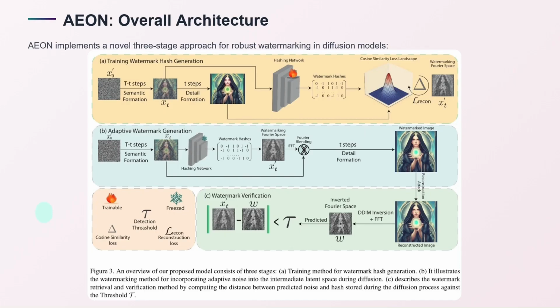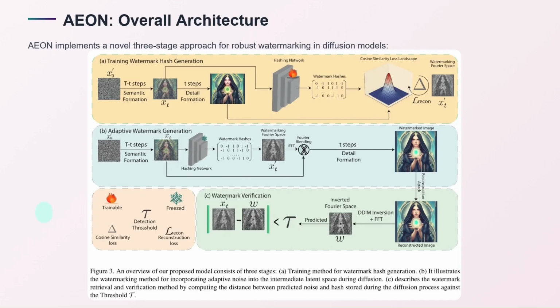In step 2, we have adaptive watermark generation, where we use the same hash network that we trained in step 1, and this hash network takes in HT and generates a watermark hash. That watermark hash is then blended into the intermediate noise through Fourier transformation, and then an IFFT operation, and then we continue with the further generation of the image. At the final stage of the generation process, the watermarked image is generated that contains the XT watermark in Fourier space, which is blended within the image and infused into semantics.